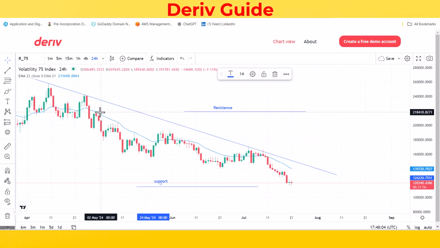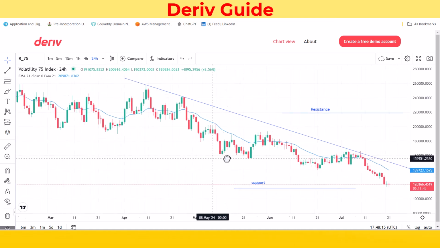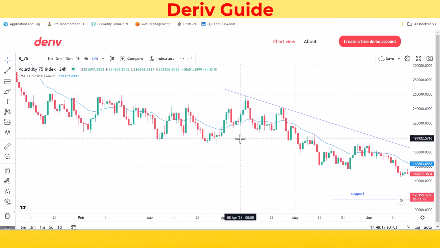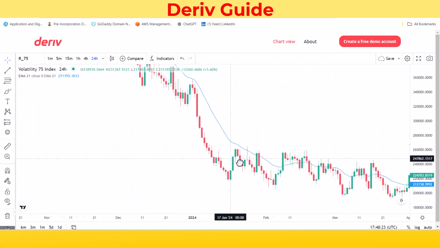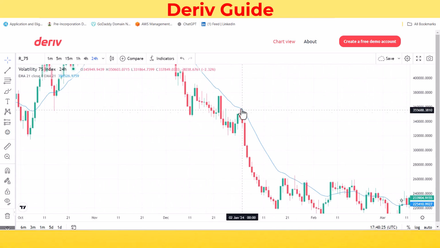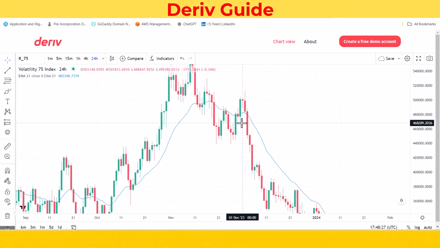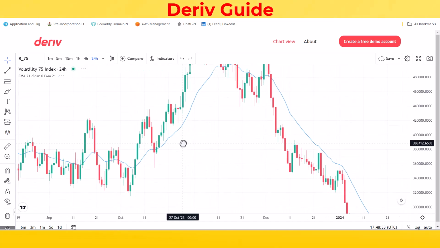So when the moving average is on top of the candle's movement, it is acting as a resistance. When it is below the candle, like briefly here in this case, it's acting as a support. So all through this place, it is resistance. Here it's just ranging. Here it's support.